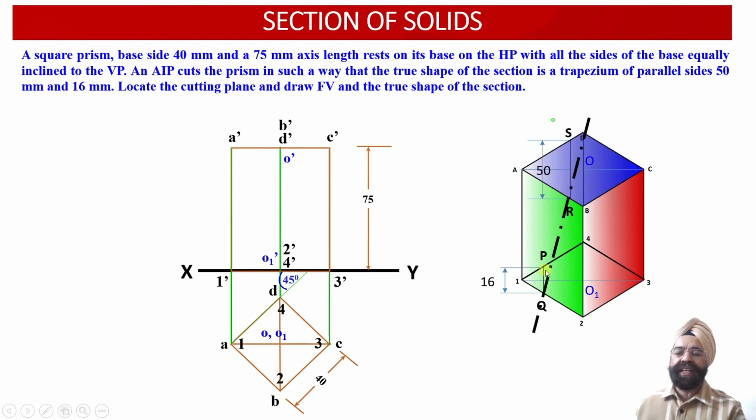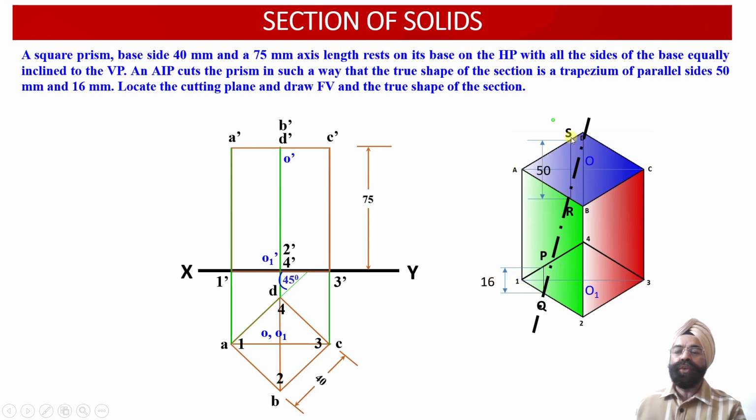So as we have discussed, now onto two adjacent faces of the base, we have to evaluate 2 points of intersection onto the two adjacent faces 1, 4 and 1, 2, such that the distance between these 2 points of intersection P and Q will be 16 millimeter.